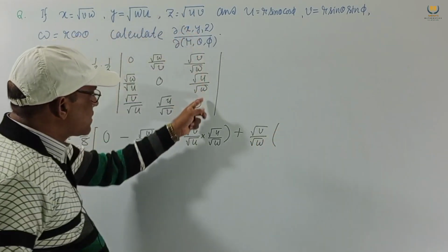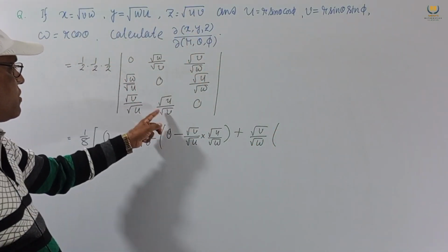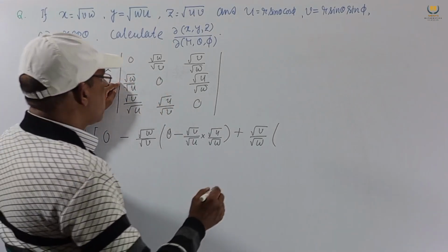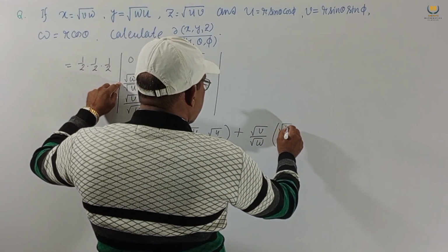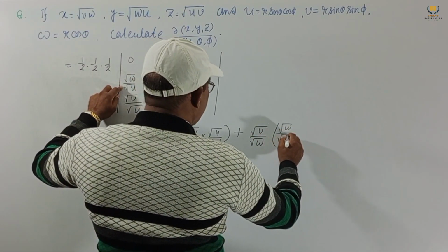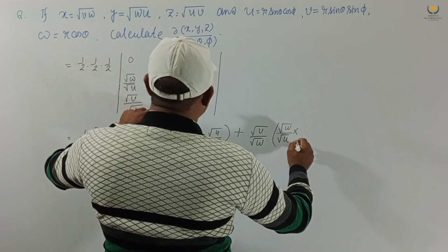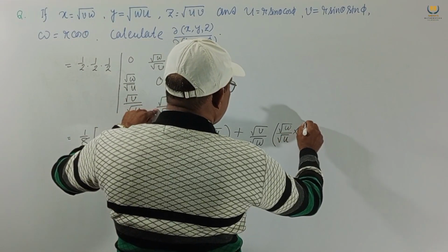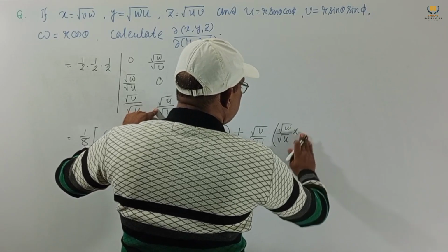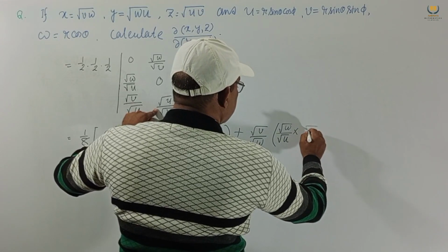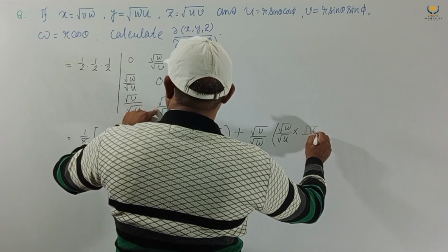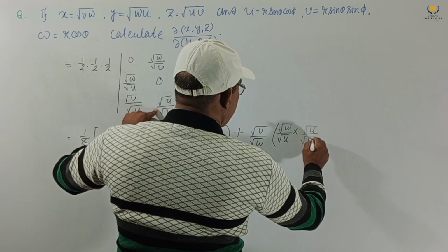This equals, this cancels, this into this minus this into this. So this will be root w by root u into root u by root v.